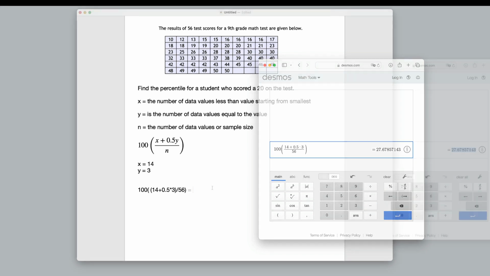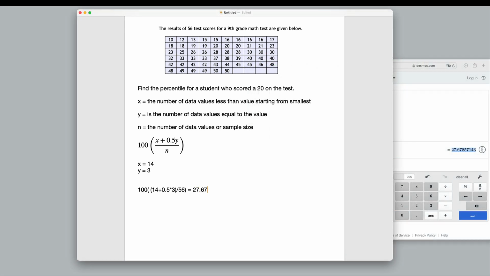That's 27.678... and we would normally round this to 28. So the value of 20 is the 28th percentile. Okay, that's it.